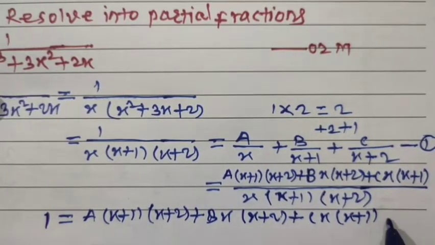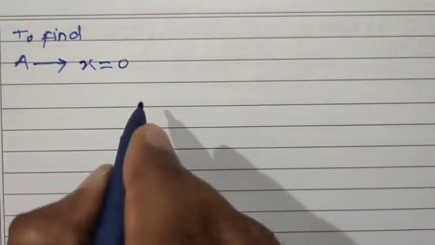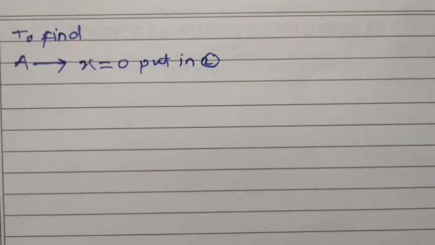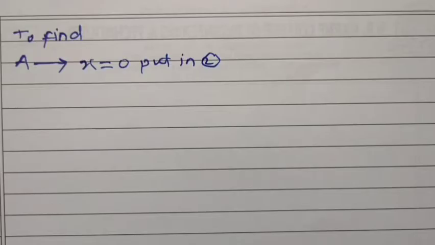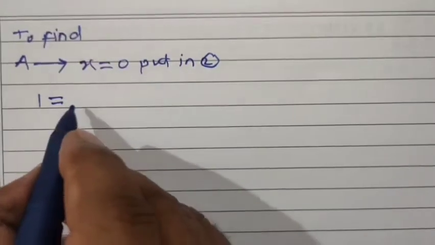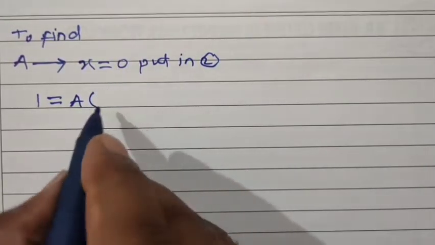And now consider this as equation number 2. Now to find a, the denominator of a is x, equate x to 0 and put this in equation number 2. So equation number 2 becomes, left hand side of equation 2 is 1 and right hand side a into x plus 1, x we are replacing by 0.